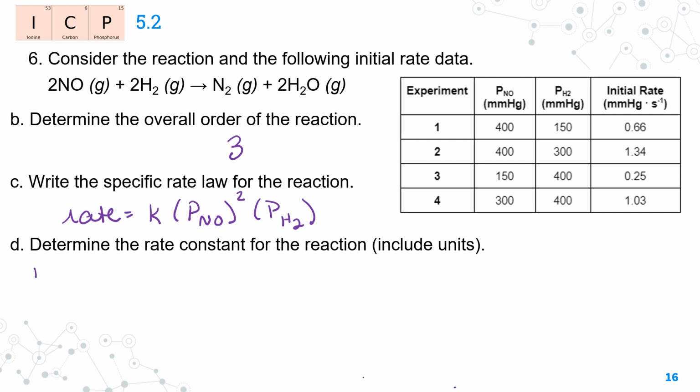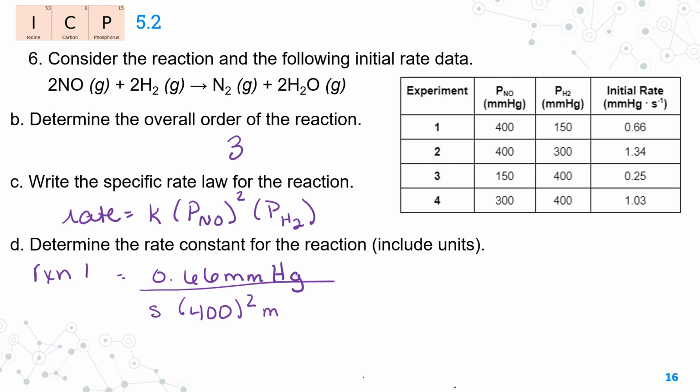And then for D, I'm just going to use reaction 1, 0.66 millimeters of mercury per second. My pressure of nitrogen monoxide squared, millimeters of mercury squared, pressure of oxygen, millimeters of mercury. And of course, when I worked this problem earlier, I never gave it any answer.